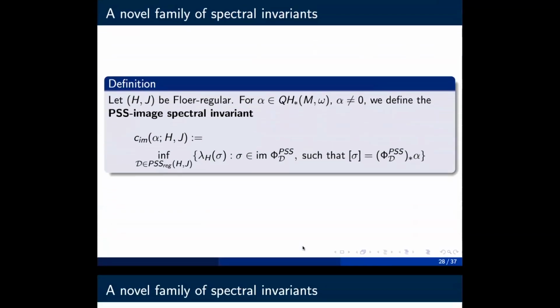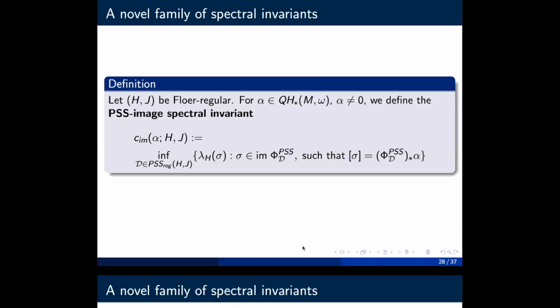You can then use this to give a definition of a different kind of spectral invariant than the usual Schwarz spectral invariant. I fix a quantum homology class, and I don't look at the minimal level at which that class appears in my chain complex.